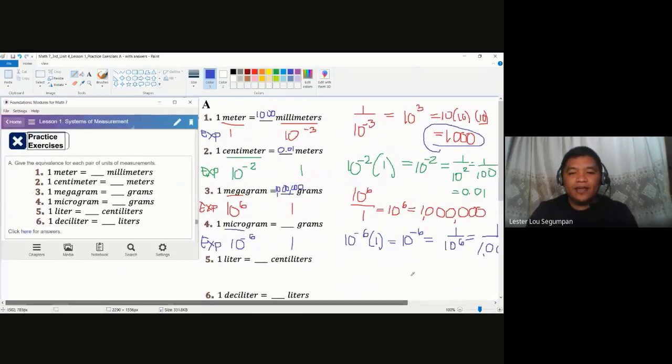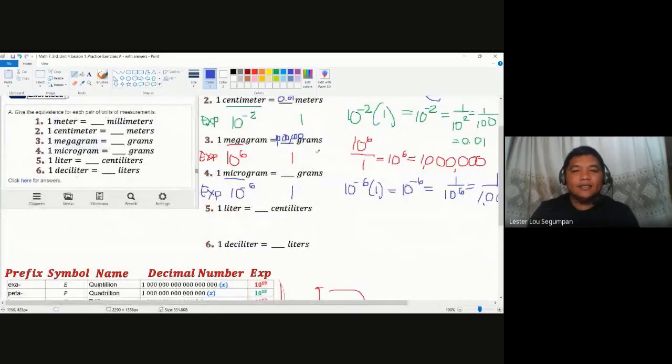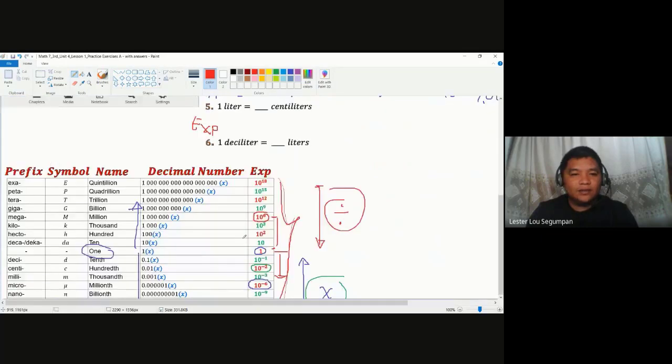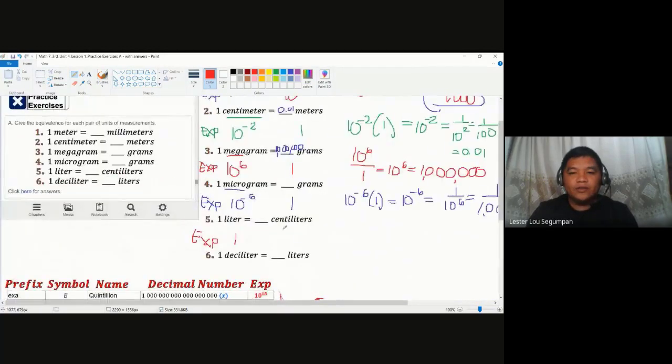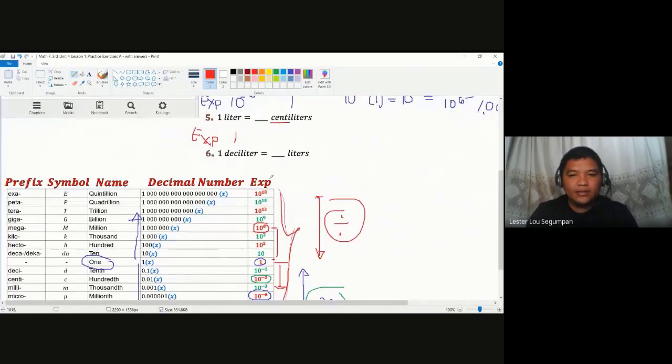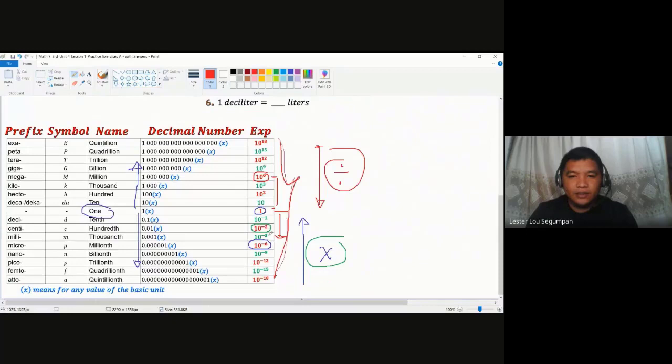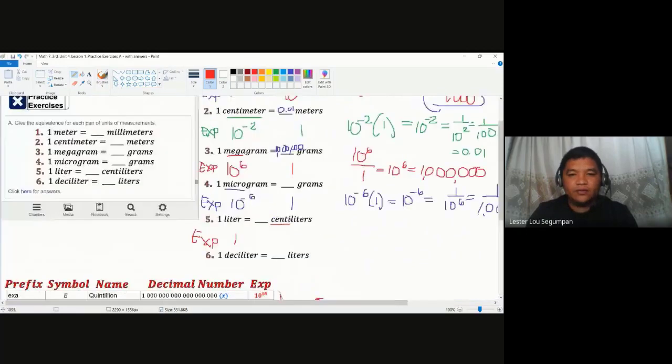Finally, for number 5 and number 6, same concern. Liter to centiliters. Let's use the exponentiation. Liter has no prefix, so we'll use 1. To centiliters, we have the prefix centi, which is 10 to the power of negative 2.